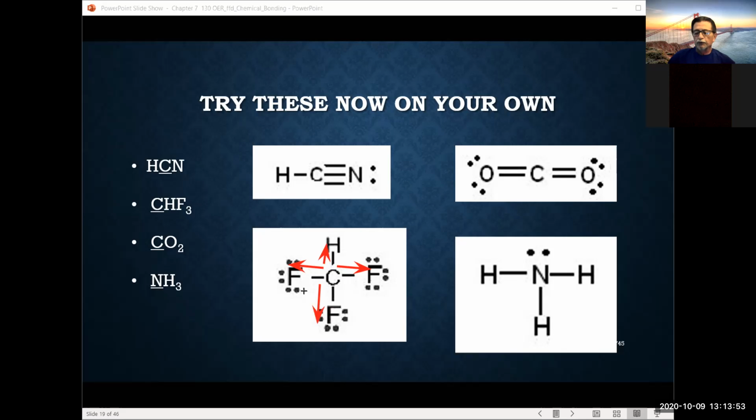In this example, if those fluorides were replaced with nothing but hydrogen all the way around, so you have 4 hydrogens, then you have 4 nonpolar bonds resulting in a nonpolar molecule. But we don't have that here. We have 3 bonds that are polar and 1 bond that is nonpolar. That makes this compound a polar molecule, okay?